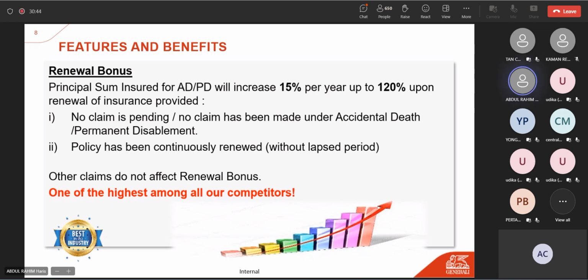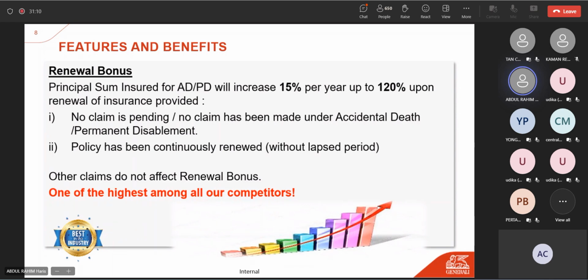So after the first year renewal, you get 15%. Second year, continued renewals, 30%. Then it's 45%, and so on and so forth until 120%. So if you bought a $100,000 plan, by the 8th year, once it reaches 120%, in the event of accidental death, the payout is 220,000.